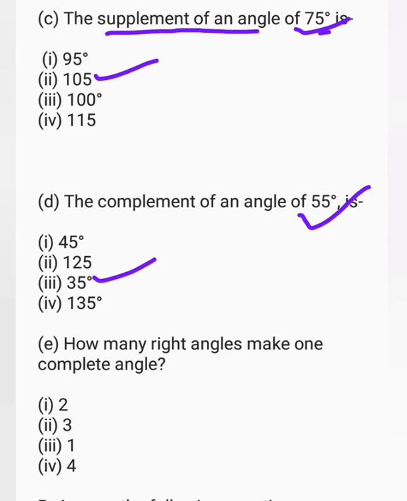How many right angles make one complete angle? Complete angle means 360 degree angle. So 90 multiplied by 4 equals 360, so the answer will be 4.